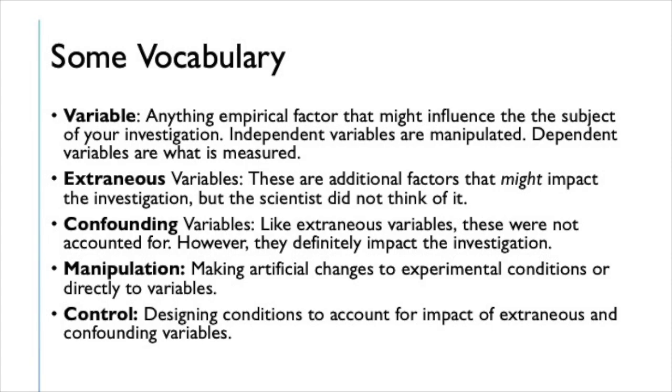Studying might be a variable. Difficulty of the schedule might be a variable. Academic preparation could be a variable. IQ could be a variable. And so there are a variety of variables that could potentially impact the subject we're interested in, which in this hypothetical case is student success.